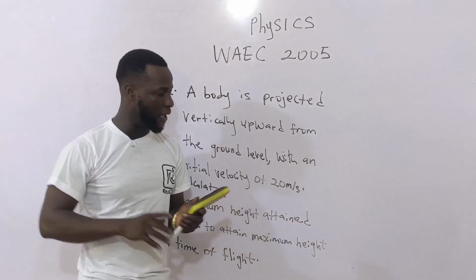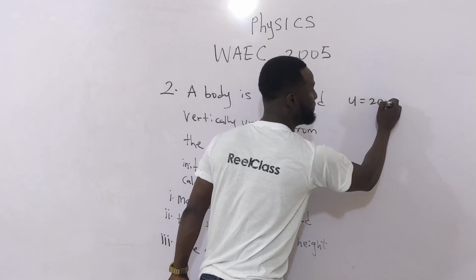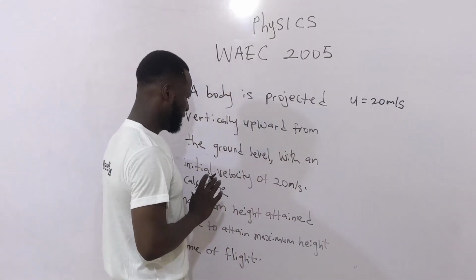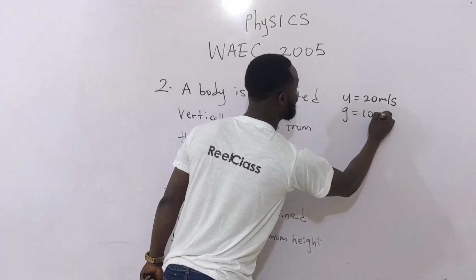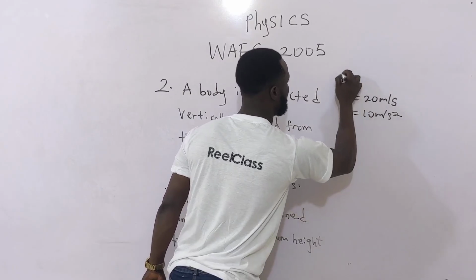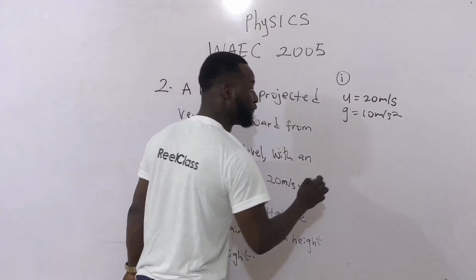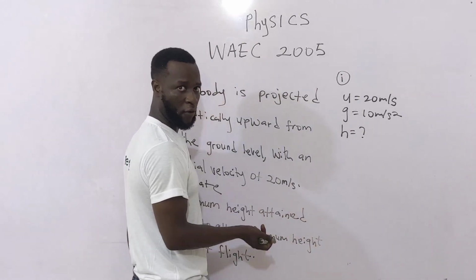Anyways, so here u is equal to 20 meters per second. Then, of course, g is 10 meters per second squared. And we are being asked to find maximum height attained, h. We are looking for h.